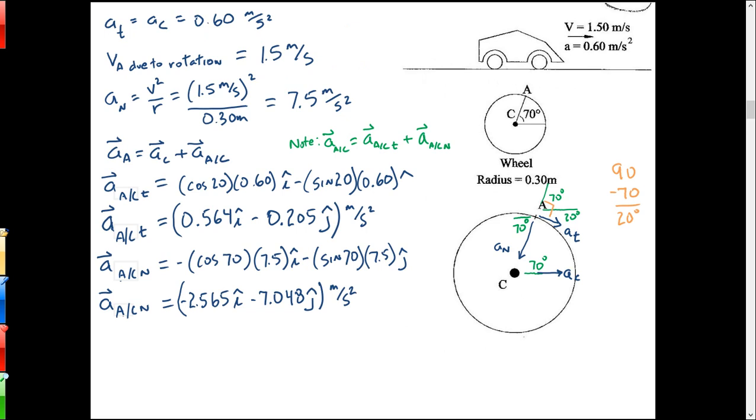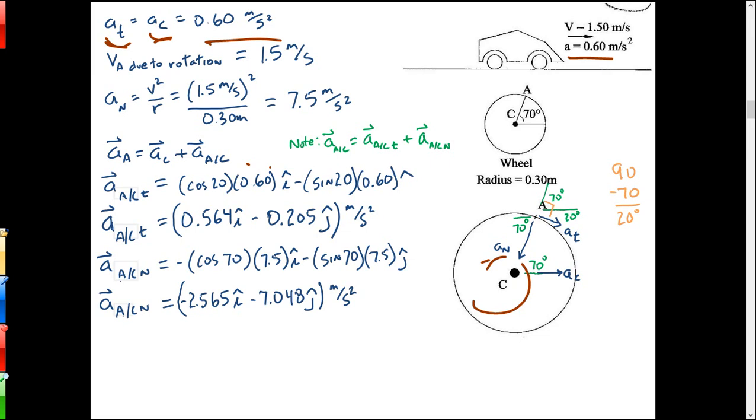As we just stated, the tangential acceleration of the perimeter of the wheel and the acceleration of point C in the middle are the same. They're both 0.6, and that's given. So that statement led us to the fact that A sub C is equal to A sub T, and that's 0.6.